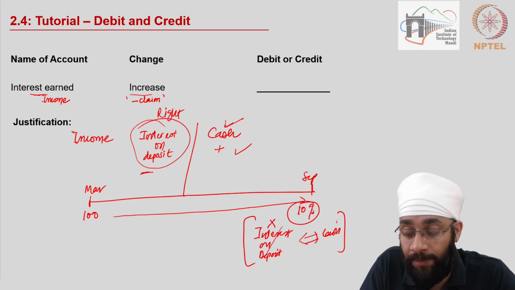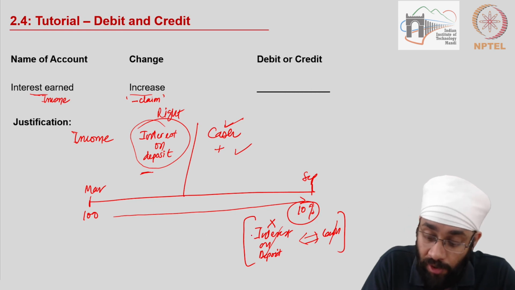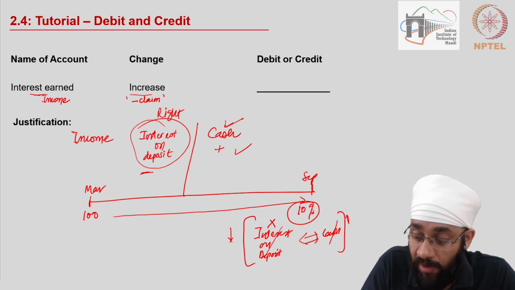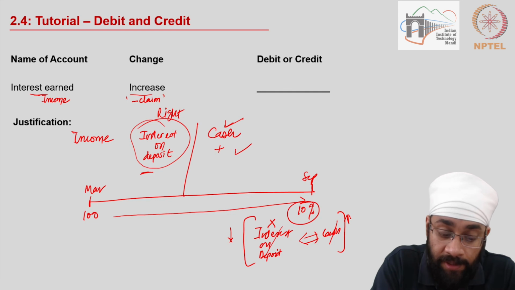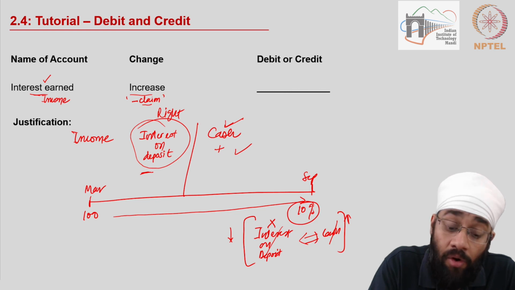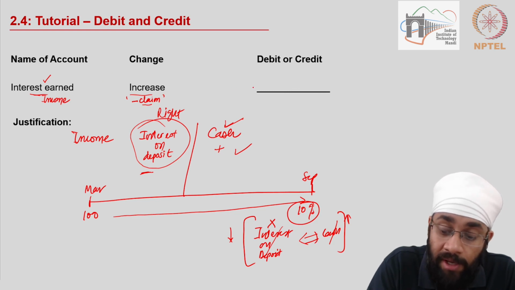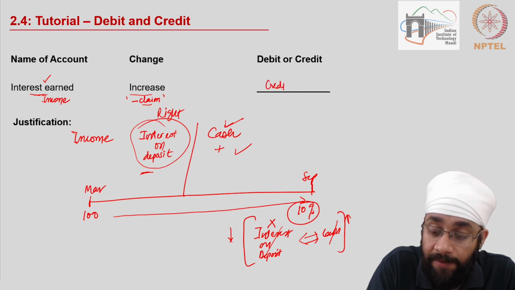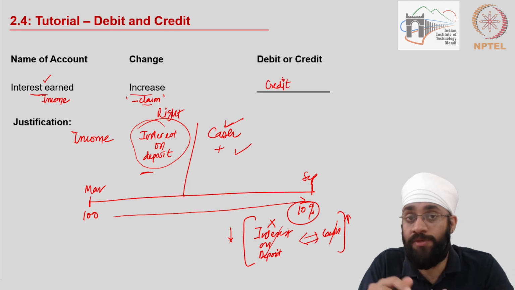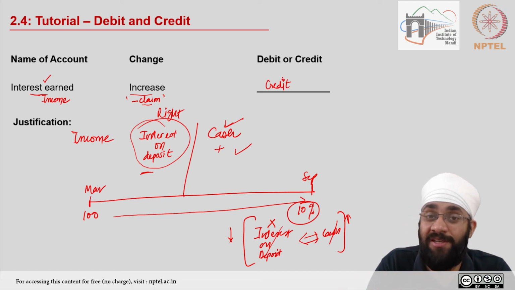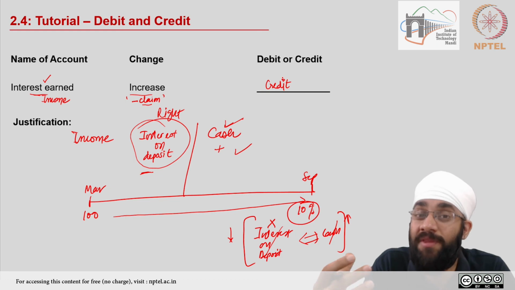The bank has paid you the cash. So your claim is going down because you have been paid cash for it, is what I mean. So in order to show that you have earned the income, we are saying your right on this income is going down. So you're going to say credit. Again, the opposite, the other side of the coin is that cash that you have received. Your claims go up there.